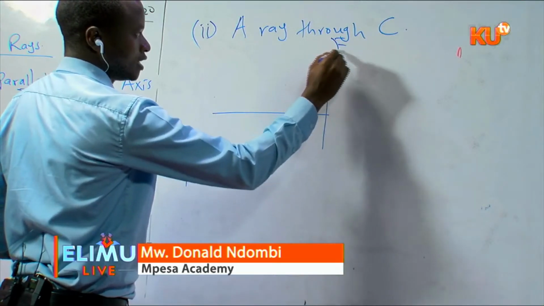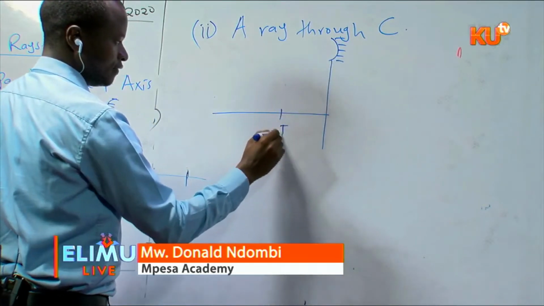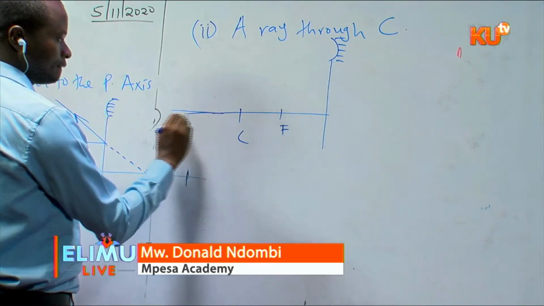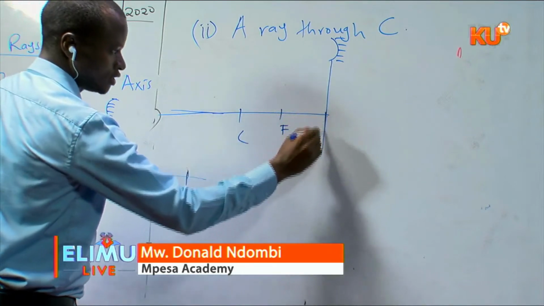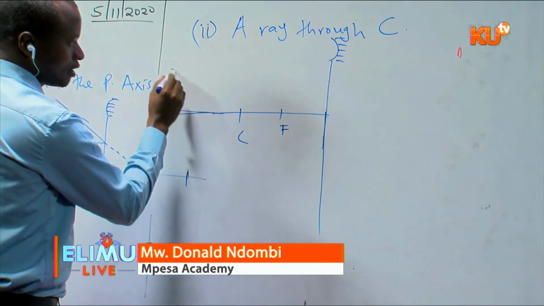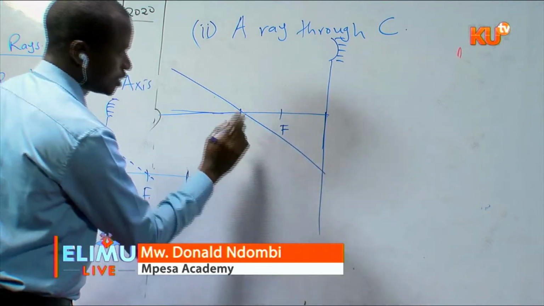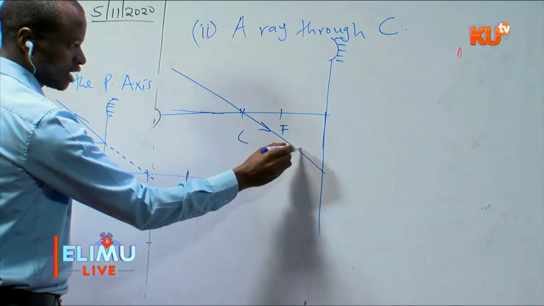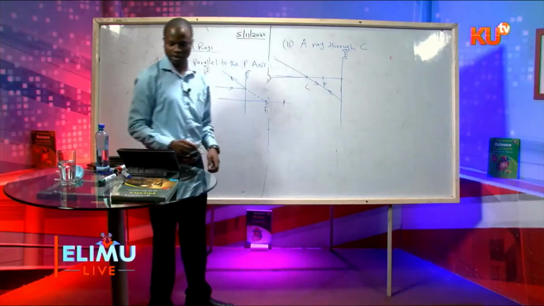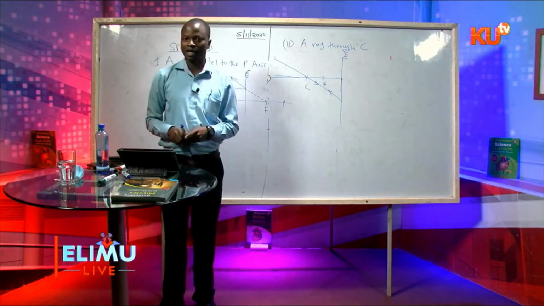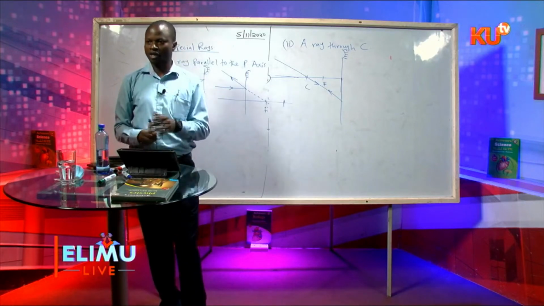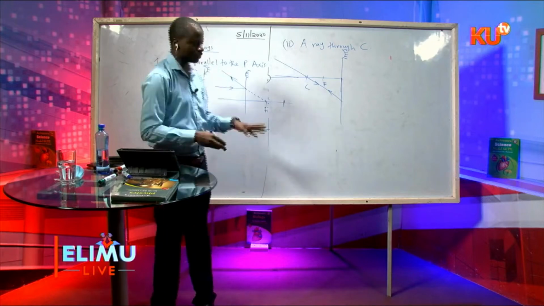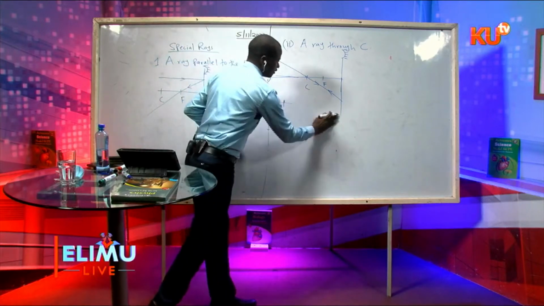Then there is F and there is C. We can even decide that the ray this time is going like this through C. So this ray is always reflected along the same path because it hits the mirror at normal, that means at 90 degrees. So it is reflected along the same path. A ray through C. This is for a concave mirror.